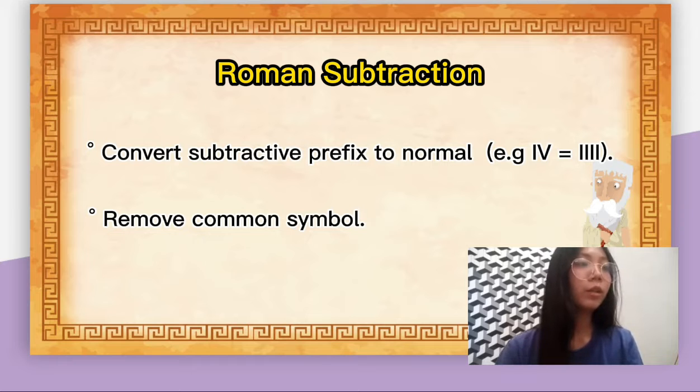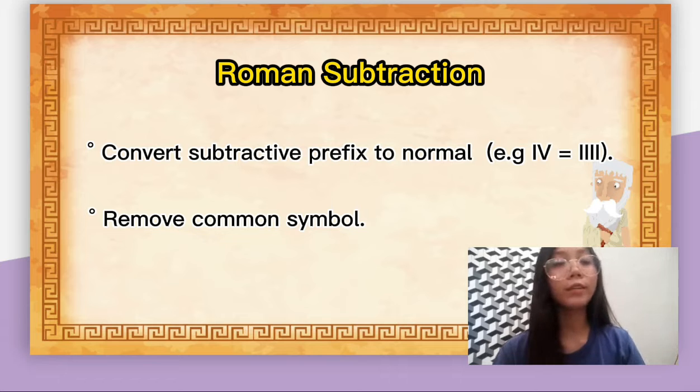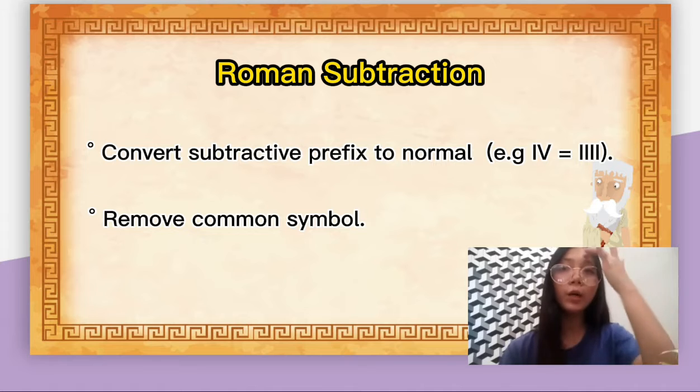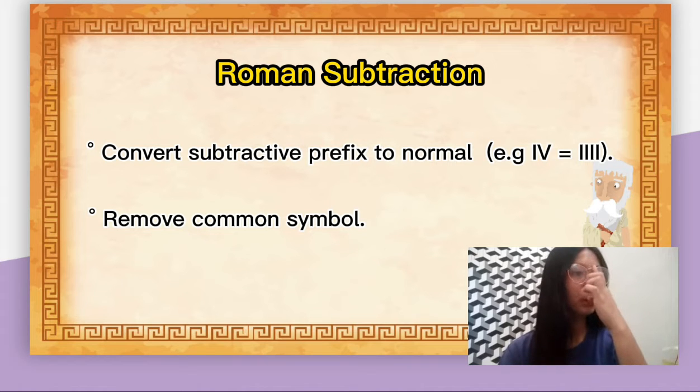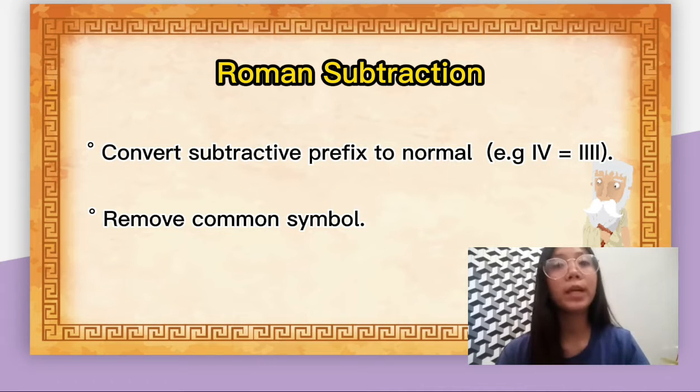So if you are going to subtract it, you are going to minus CIII, and then you are going to cancel the same letter if you are going to subtract the Roman numeral.